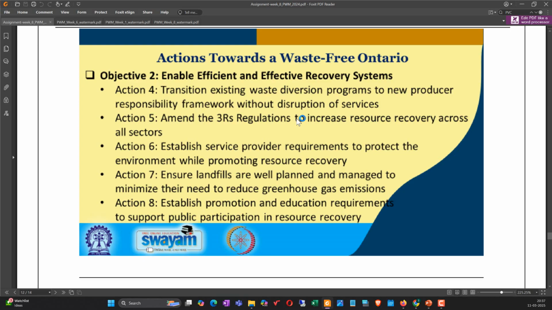Action 5 was amend the 3R regulations to increase resource recovery across all sectors, establish service provider requirement to protect the environment while promoting resource recovery, ensure landfills are well planned and managed. In India, there are very few landfills which are planned, by the way. So that is one step that government could actually encourage.